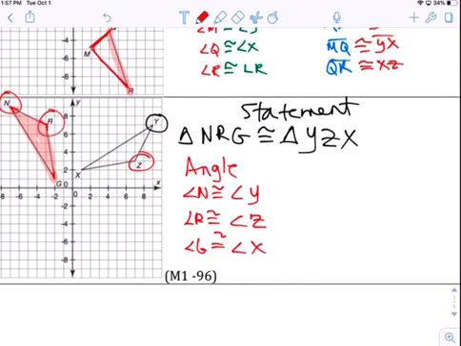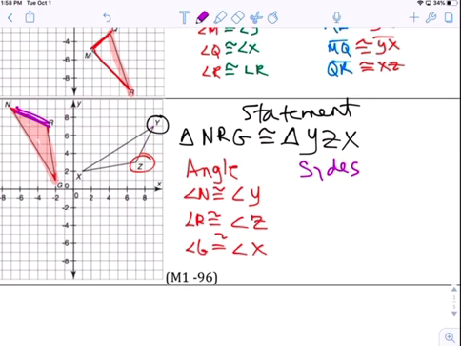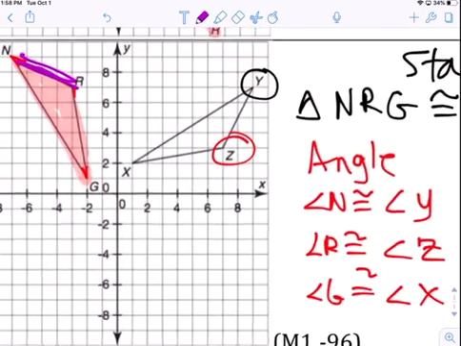Okay, let's do the sides. N to R, side NR. Let's do all the sides first. Kids get confused if I don't do that.